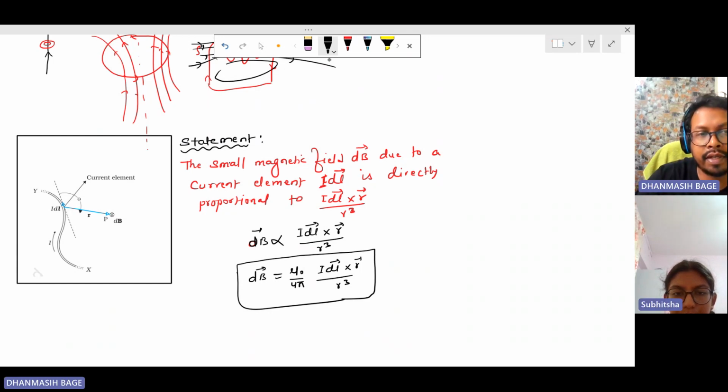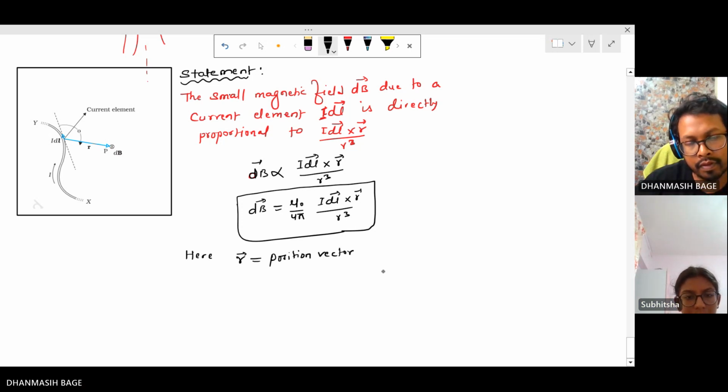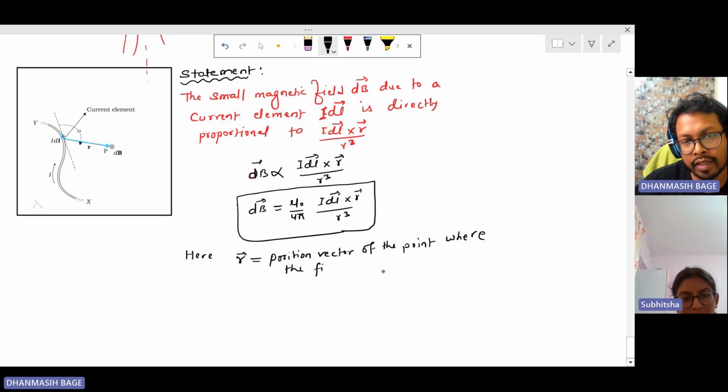But how did it get proportional to this? This is a law, right? By experimentation, it has been found that whenever you are trying to find out the magnetic field, it is directly proportional to this thing. First write down these things, then I'll explain everything. Here, r vector is the position vector of the point where the field is being calculated.